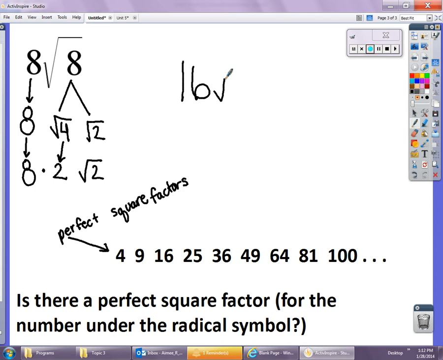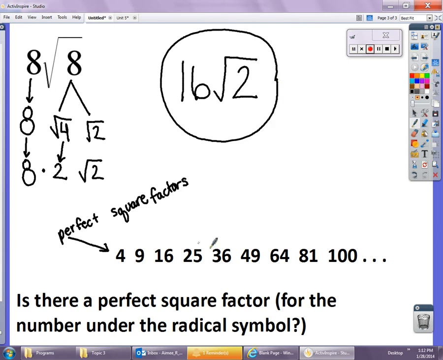And then I have my root 2. So my simplified answer of 8 root 8 is 16 root 2. And again, I did that knowing these perfect square factors. Okay? You should always be asking yourself, is there a perfect square factor for the number that's under the radical symbol as you're doing these along the way?